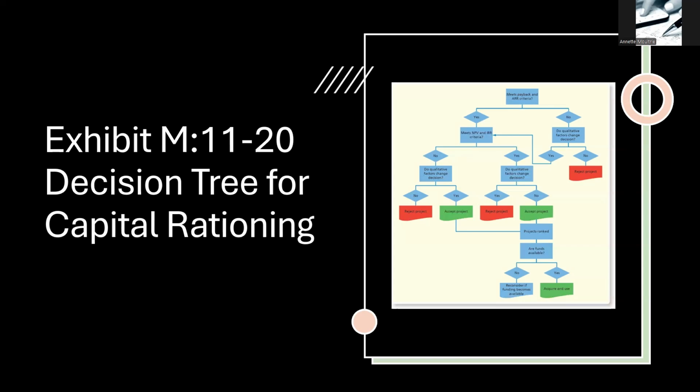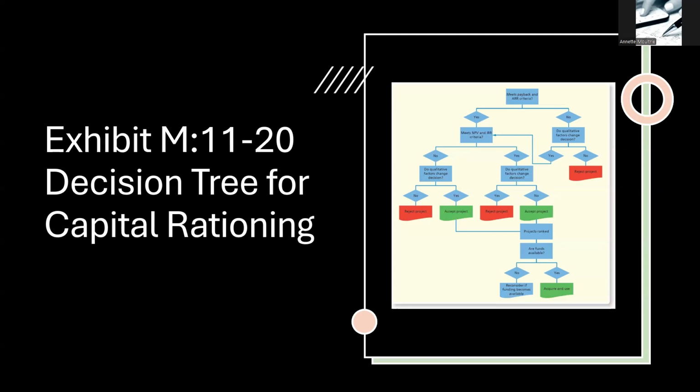If qualitative factors do not change the decision, reject the project. If qualitative factors do change the decision, proceed as if the plan does meet the payback and ARR criteria by determining if the plan meets NPV and IRR criteria.